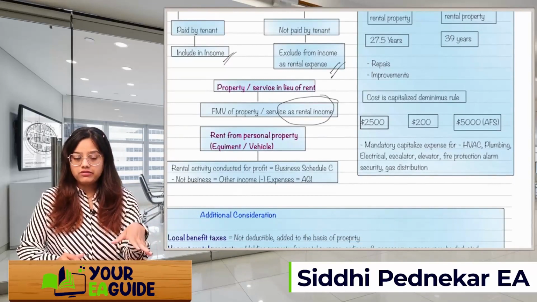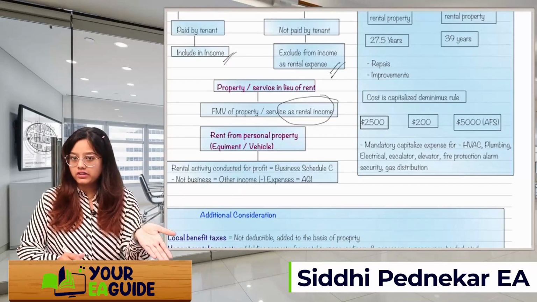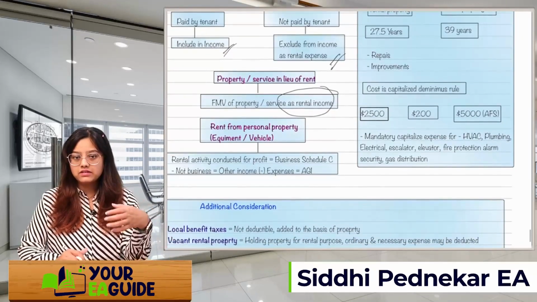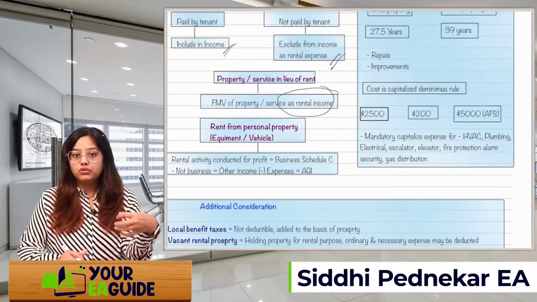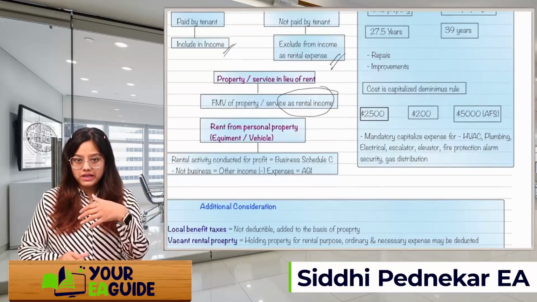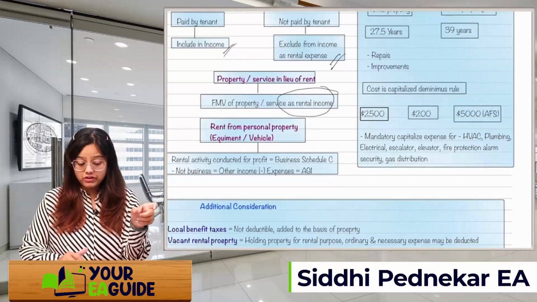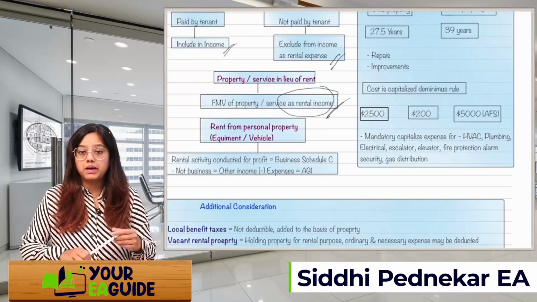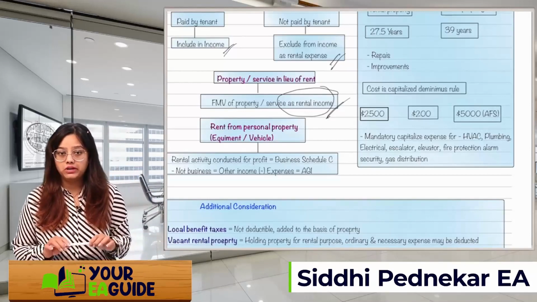But instead of paying me rent, he is not taking the fees either. So I can say it is a payment in lieu of rent. So whatever his service charges are, I'll include the FMV of that as rental income in my books, on my Schedule E.